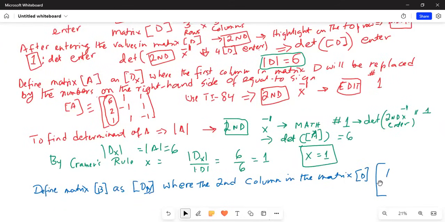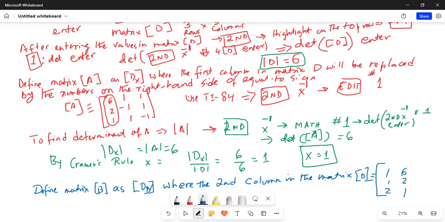The second column will be replaced by the numbers on the right-hand side of the equal to sign, which is 6, 2, 1. And then the last column remains the same as the original.